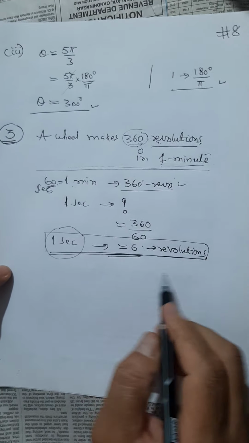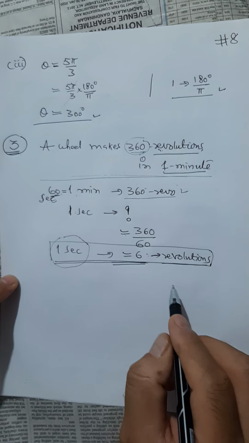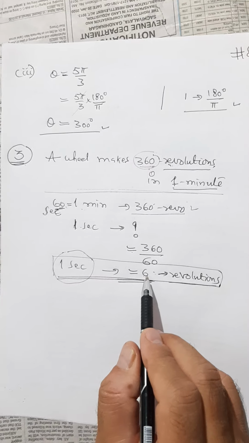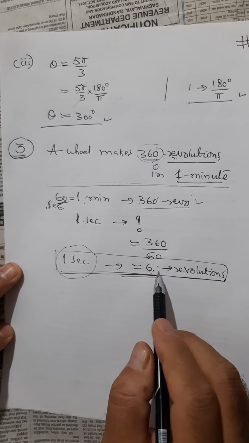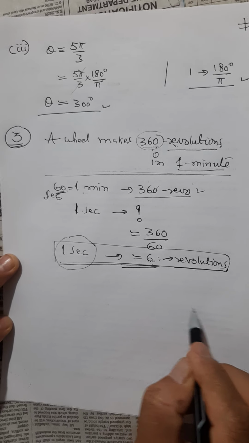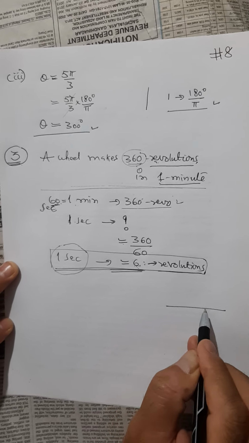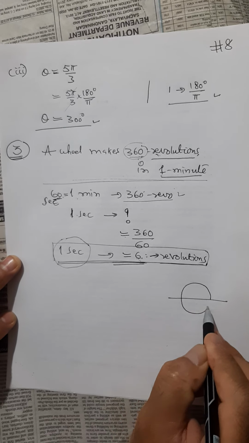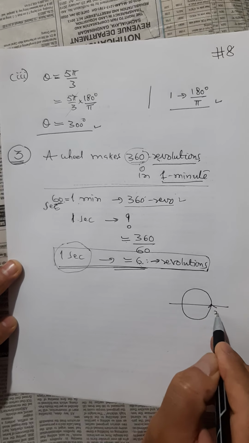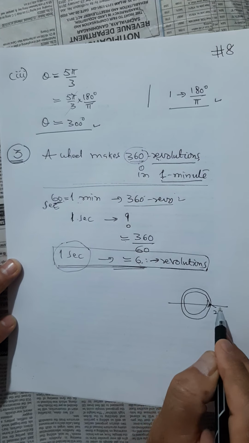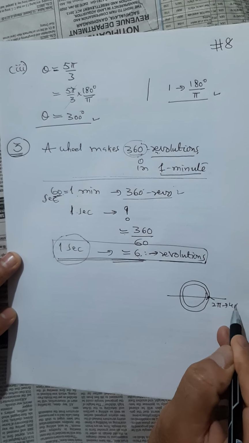Now go back to the definition of radian. You are asked for how much radian measurement of an angle is taken by this wheel. So radian measure. Now if I start with this, for example, if I take 1 revolution, 2 pi radian, you know this. Second revolution, 4 pi radian.